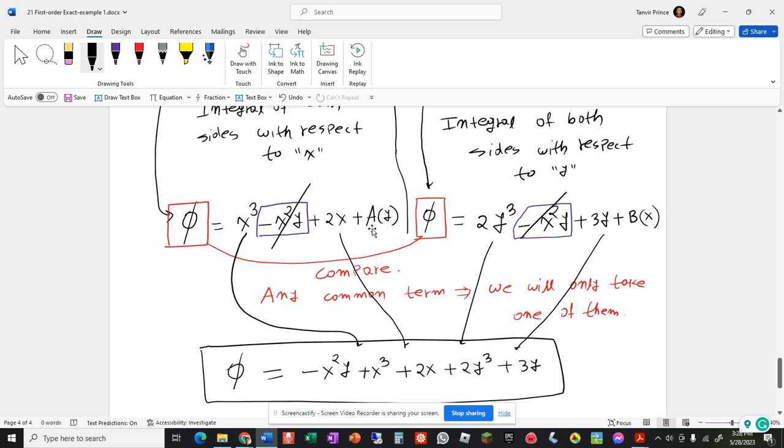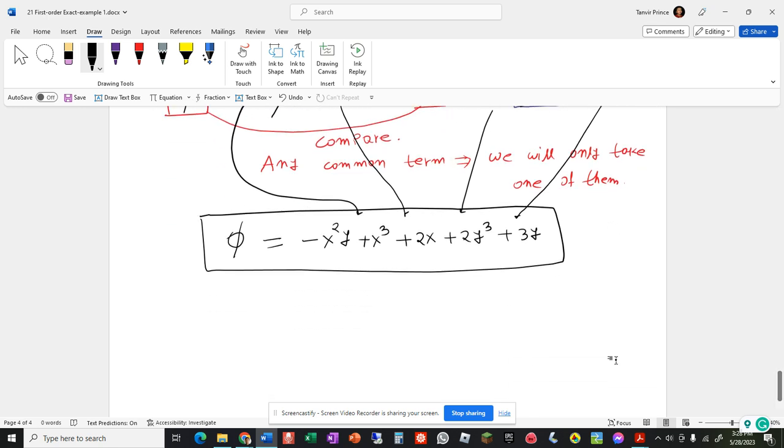See, my a of y, if you look at the other one, is 2y cubed plus 3y. And my b of x, if you look at the other one, is x cubed plus 2x. So when you compare them both and write it down at the same time, you'll get all the missing b of x and a of y. So again, you just write that equal to c, and that's your solution.